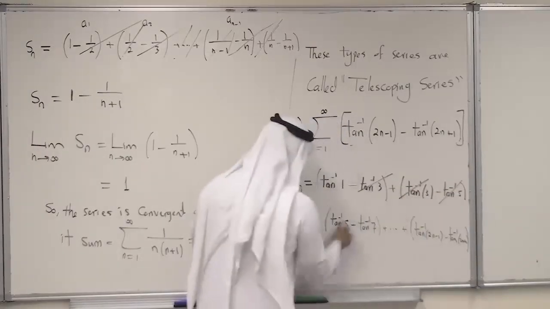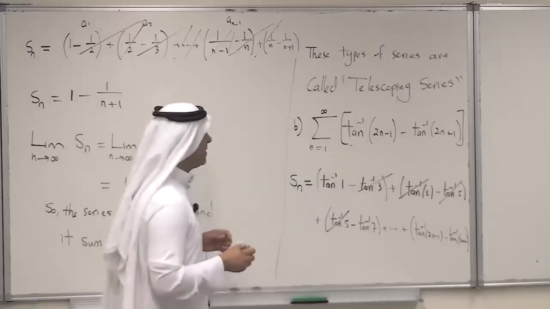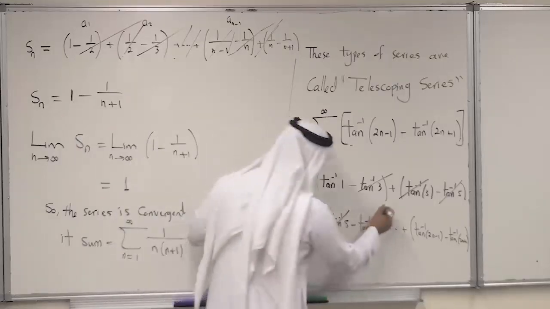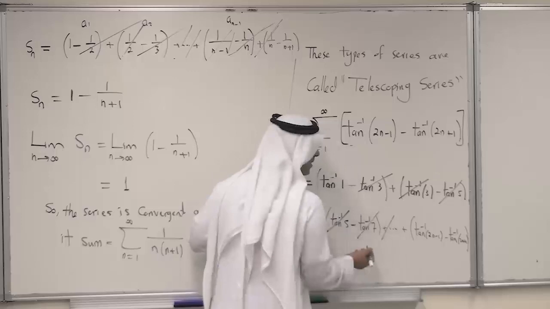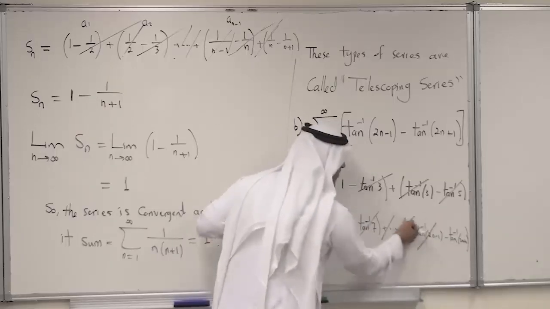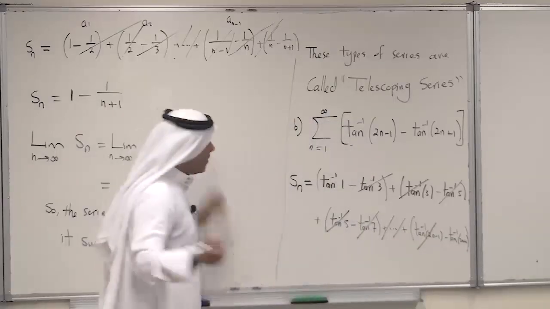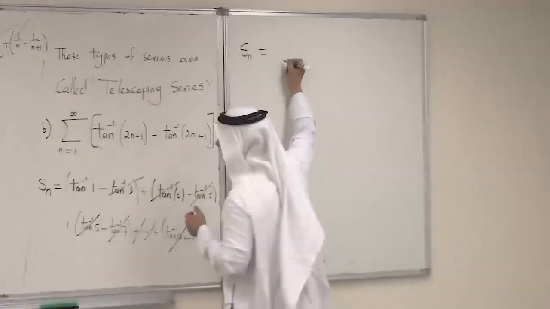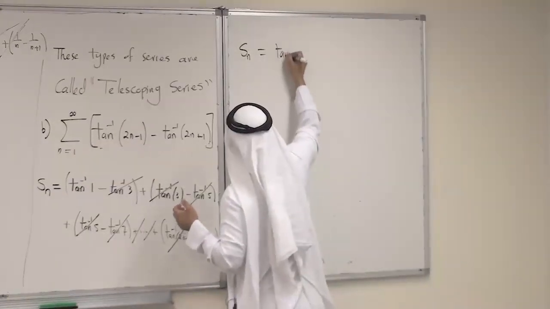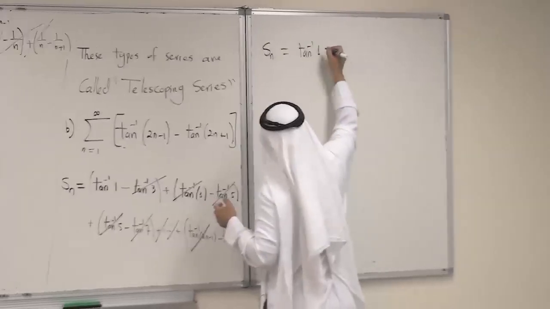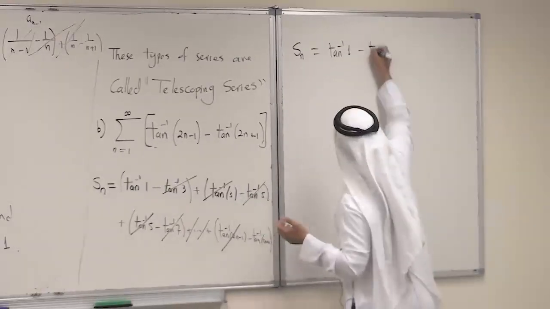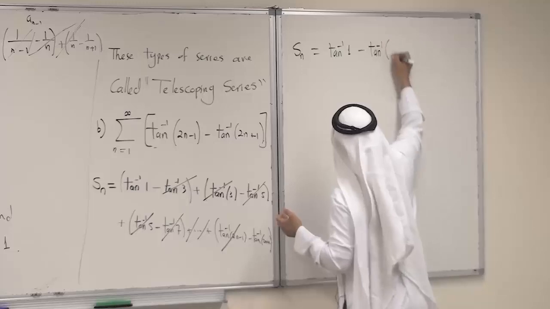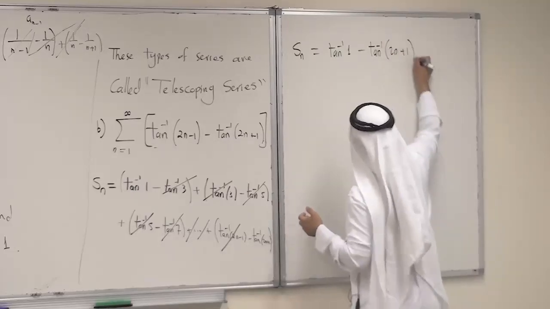Tangent inverse of 5 minus tangent inverse of 5 will cancel out. Tangent inverse of 7 will cancel with the next one. Tangent inverse of 2n minus 1 will cancel with the previous one. So you end up with Sn just equal to tangent inverse of 1 minus tangent inverse of 2n plus 1. Fine.